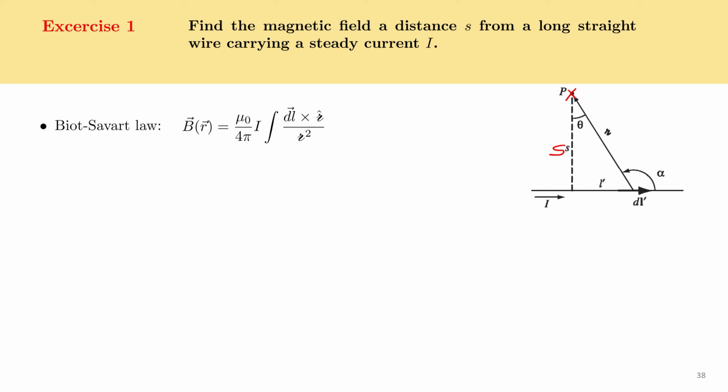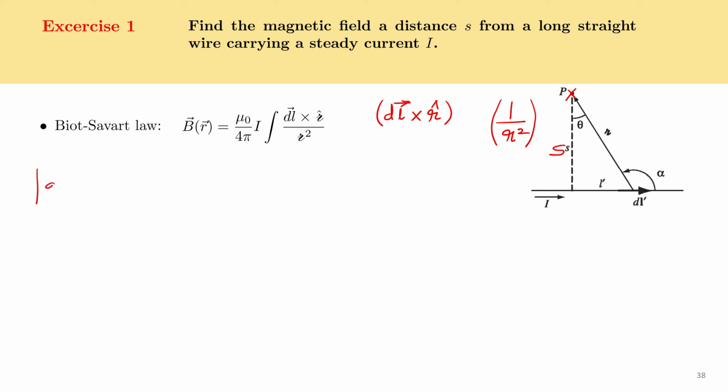According to the Biot-Savart law, B is mu 0 over 4 pi times I, integral dl cross r hat over script r square. In order to proceed with this equation, we need to find dl cross script r and 1 over script r square. If we can find these terms, then we can substitute in this equation to find the magnetic field at a distance s from this current carrying conductor.